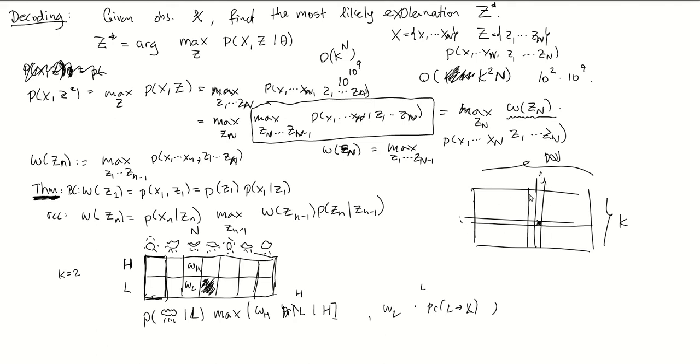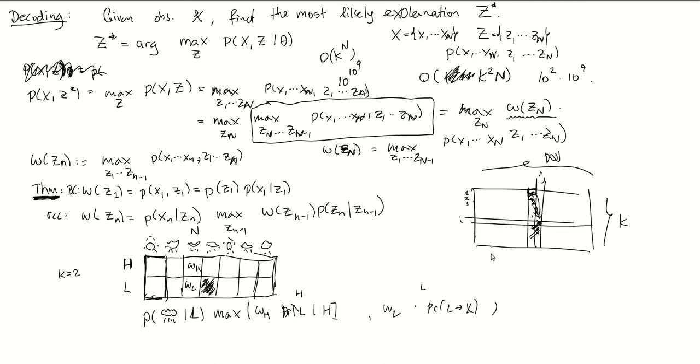Then you'll look at the value of the first guy in the column before me and the probability of transitioning from 1 to i, then the value in the second guy and transitioning to this guy, then the third. You'll do this all the way down, so you'll have all of these guys, and then you'll take the maximum of all of them, and that will be the value.